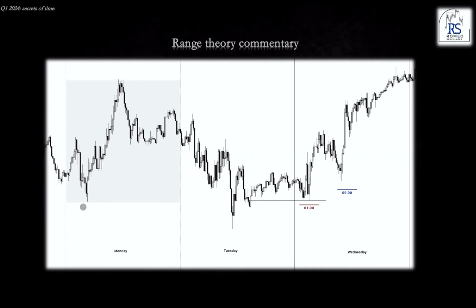Smart money is supporting this low. It's sponsoring this low. Therefore, we can safely assume that Wednesday will take out Monday's high, or even Thursday. If there's a news event which will restrict Wednesday, then Thursday will take out Monday's high. That is how you also extract a directional bias on one time frame.